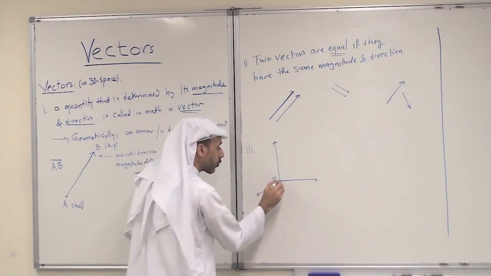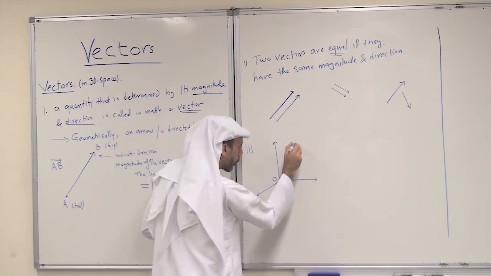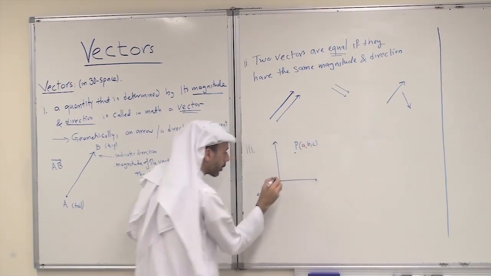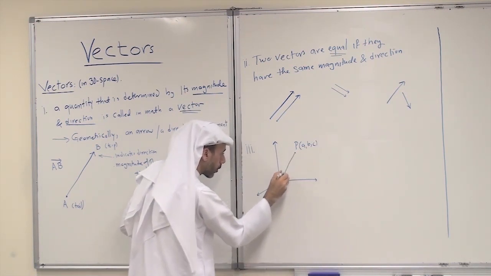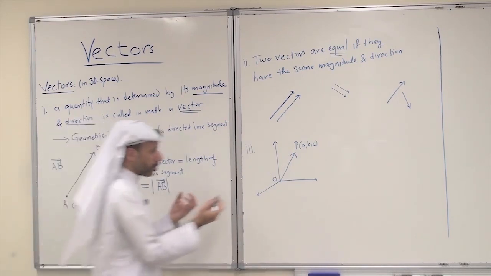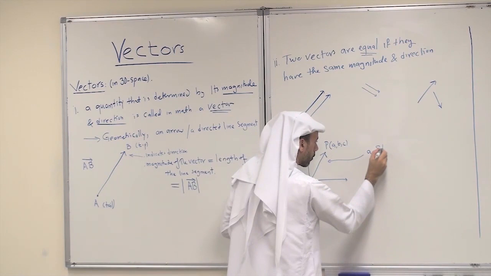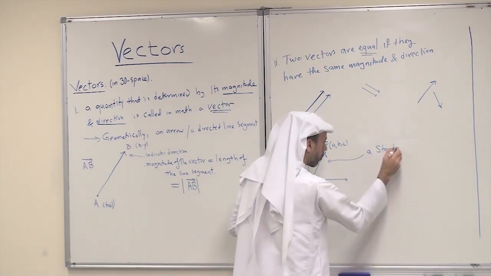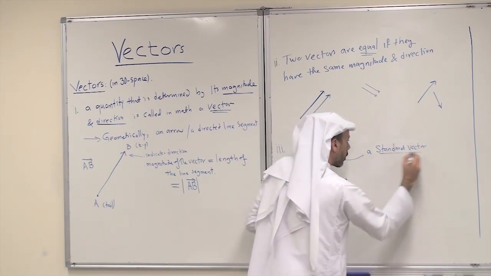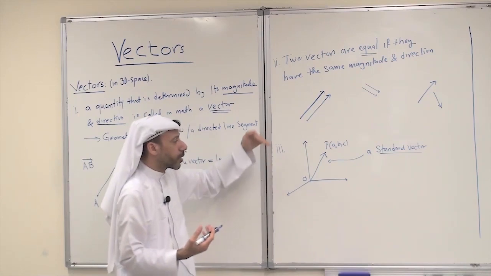Any vector that starts from the origin and ends at another point P, with coordinates A, B, C, such a vector is called a standard vector. So a standard vector is any vector starting from the origin to another point.